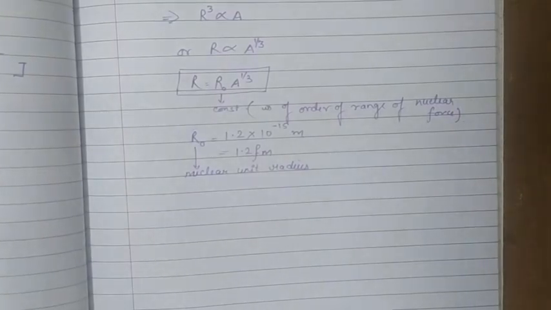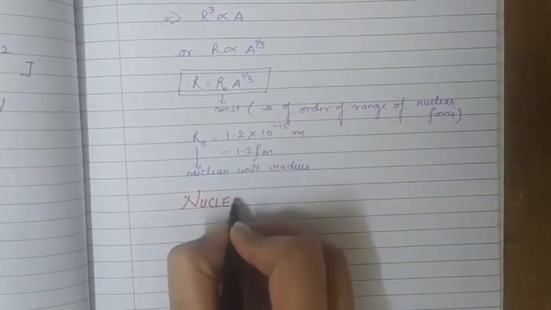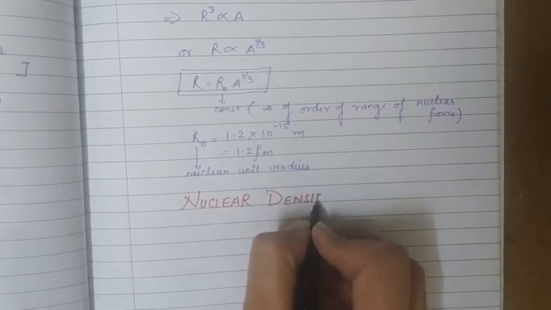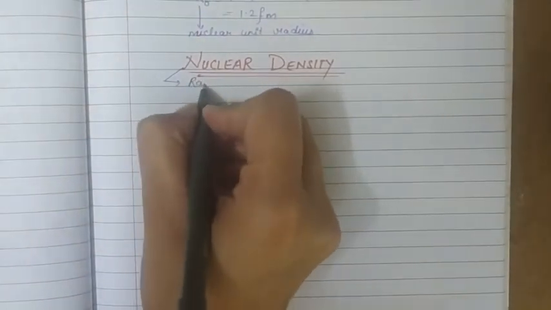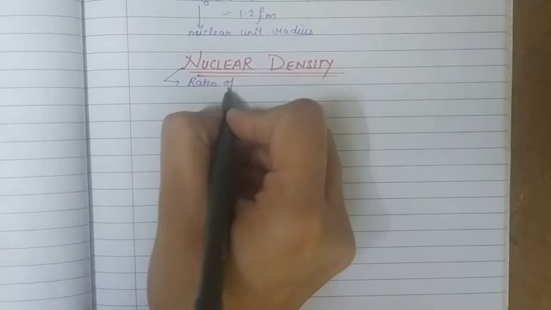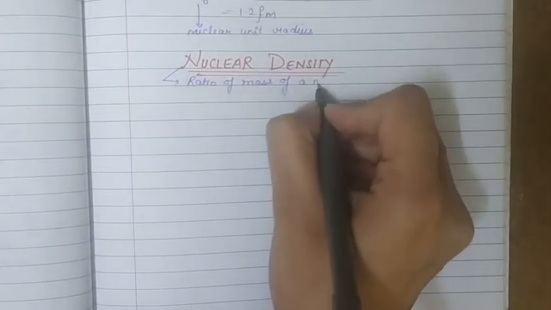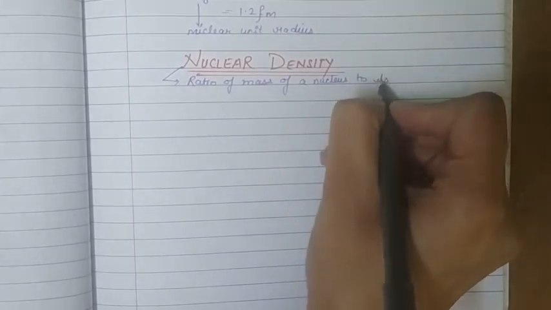After nuclear size, the next thing that we have is nuclear density. So nuclear density is the ratio of mass of a nucleus to its volume.